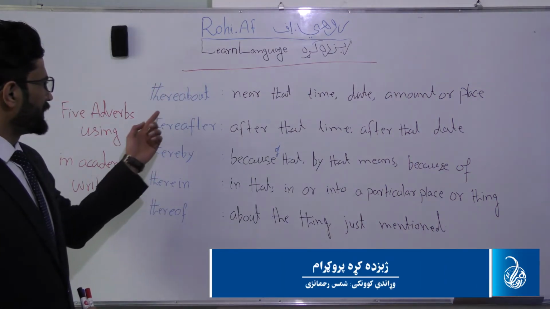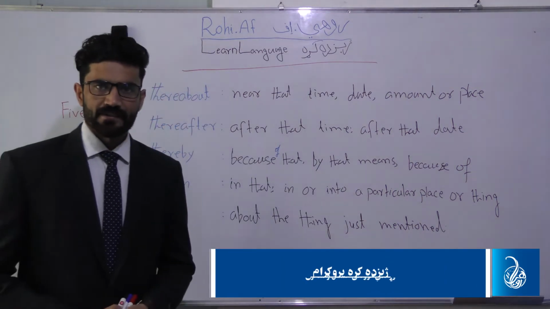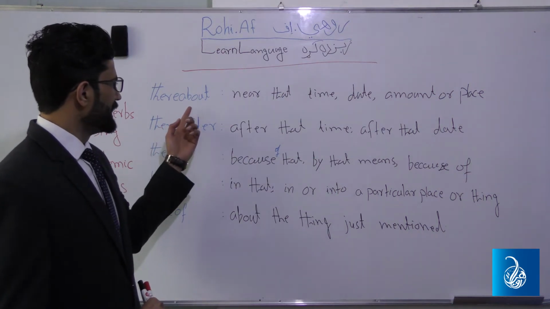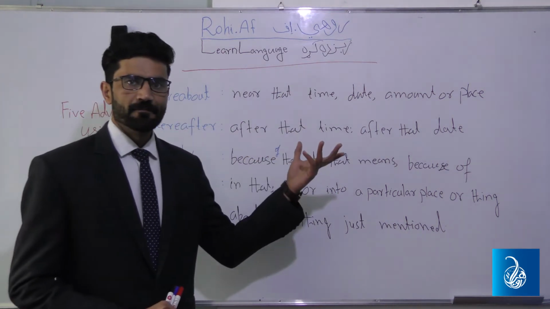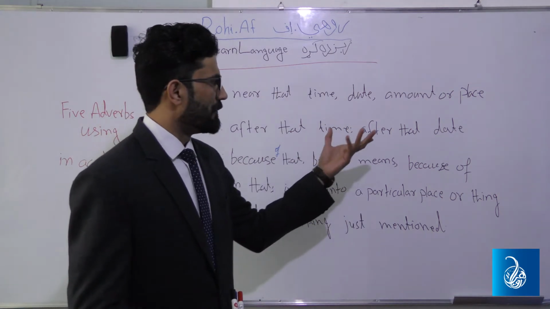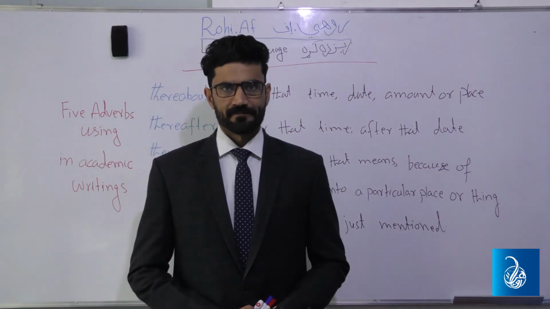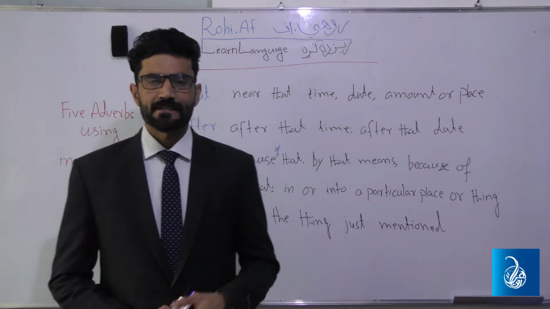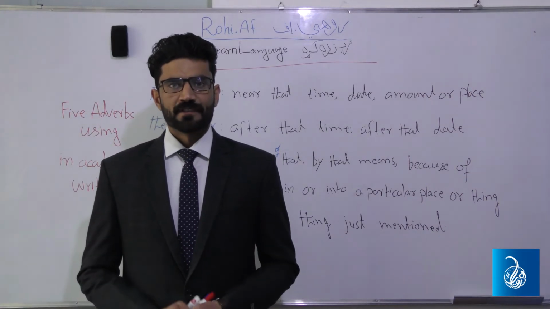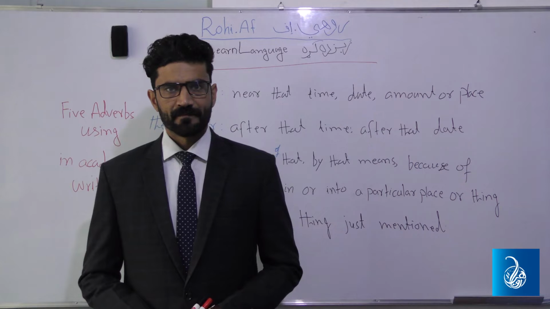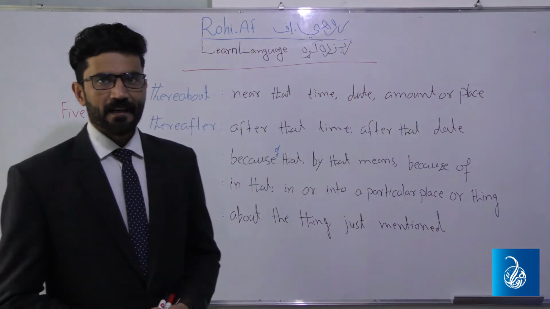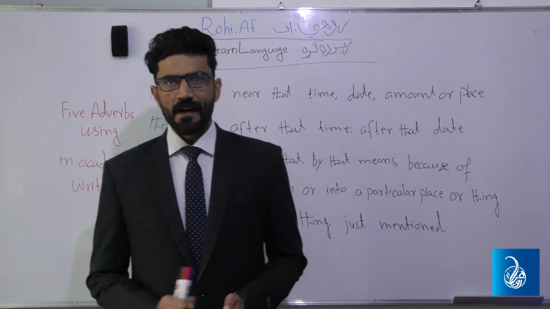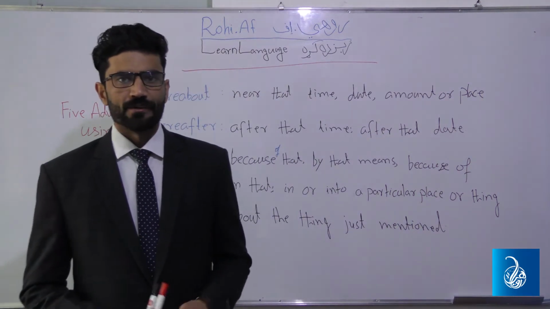The first adverb here is thereabout. In English, this word means near that time, date, amount, or place. The synonym of thereabout is about or around. To use this word in a sentence, we can say, come at noontime or thereabout.